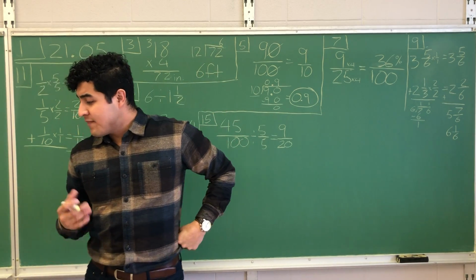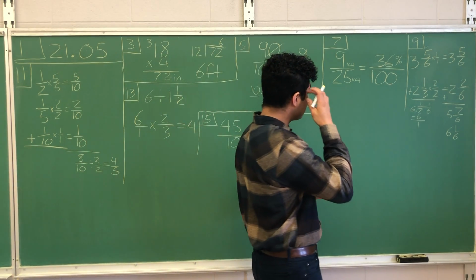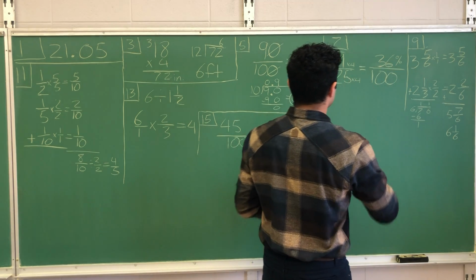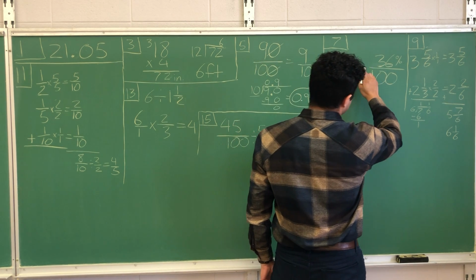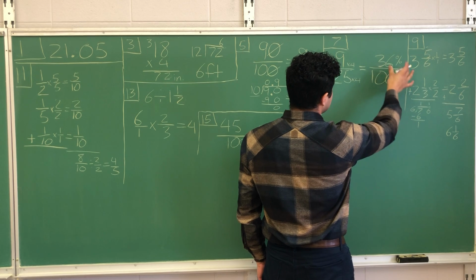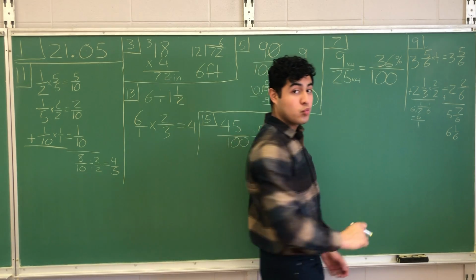Next, number 7. Write 9/25ths, or 9 over 25, as a percent. So I set up my problem so that this is blank. The way you can set yours up is 9 over 25 equals, you put a line and put your denominator as 100 and leave this blank. So first you see 25 times what equals 100.